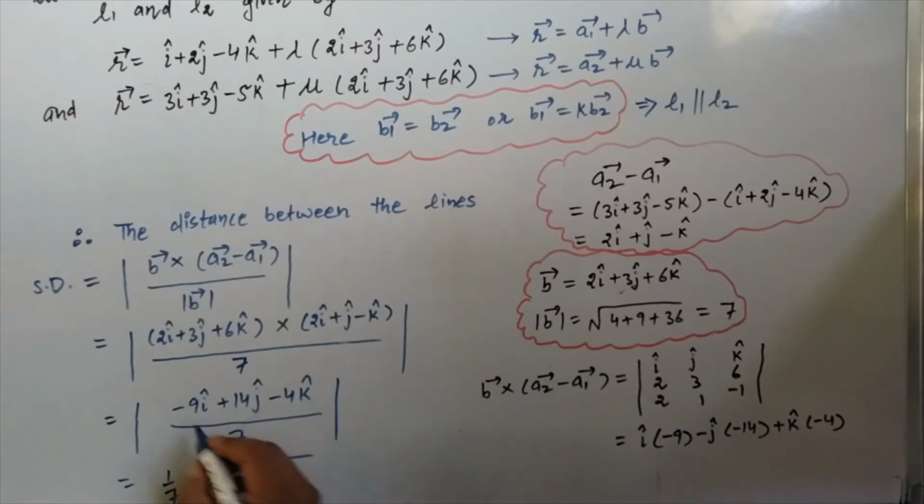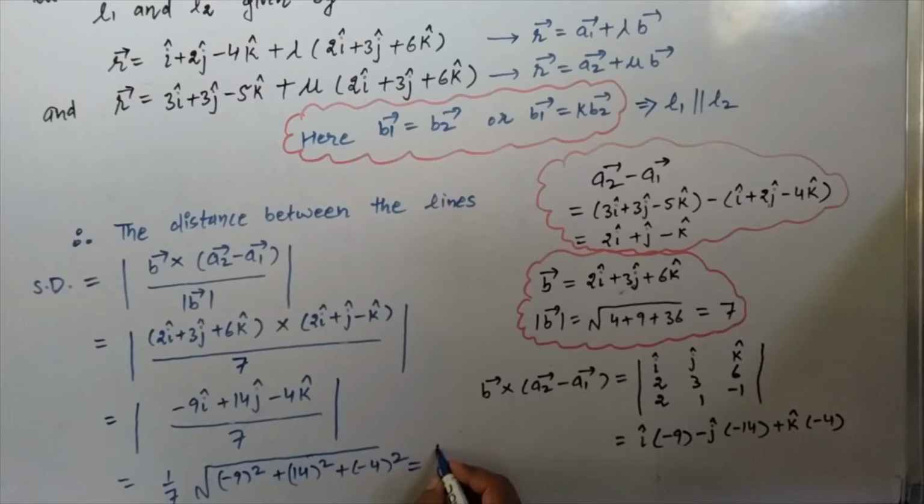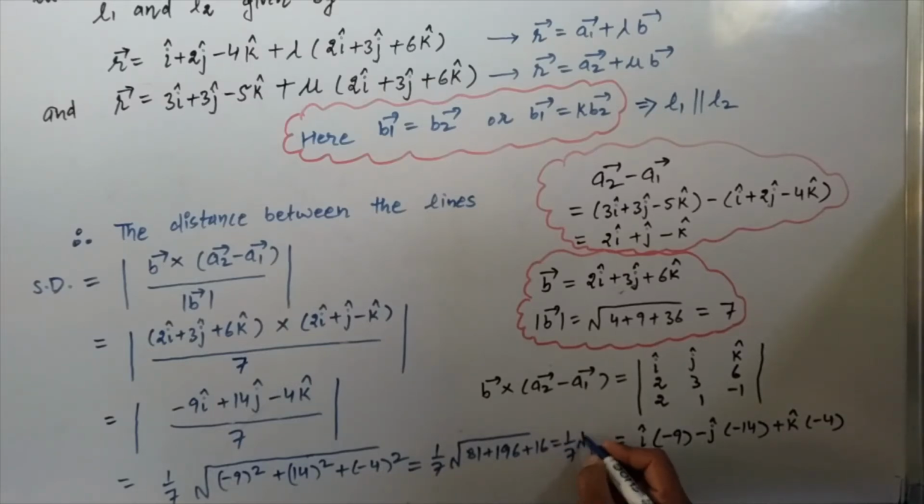Again, what is the magnitude? The magnitude is equal to 1 upon 7 square root of (minus 9) whole square plus 14 whole square plus (minus 4) whole square, which is equal to 1 upon 7 into square root of 81 plus 196 plus 16.